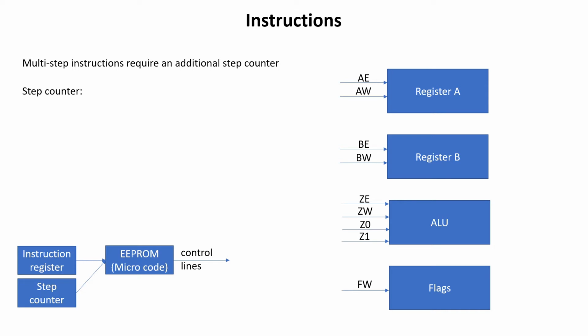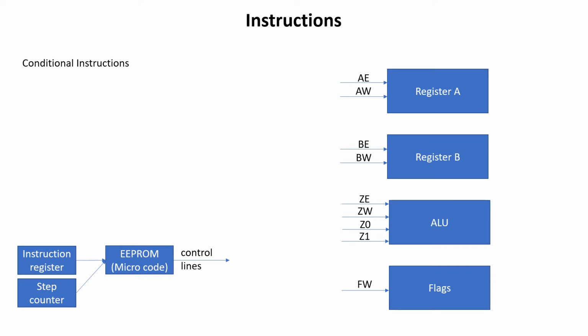So the step counter counts up every clock cycle. Whenever a new clock cycle begins, the step counter counts up and so walks through all the steps that belong to an instruction. And on the other hand, it has to be reset to 0 whenever a new instruction is fetched, so that for a new instruction, the step counter starts at the beginning.